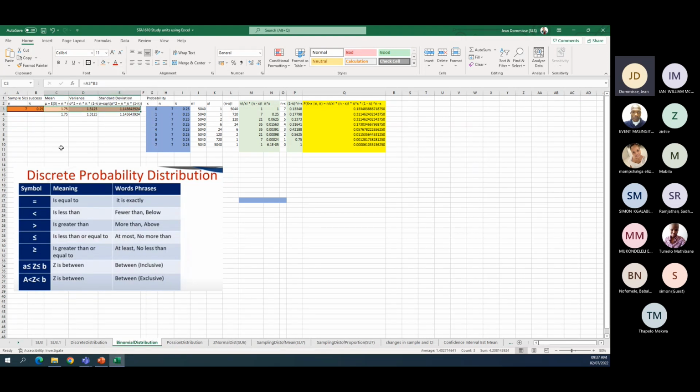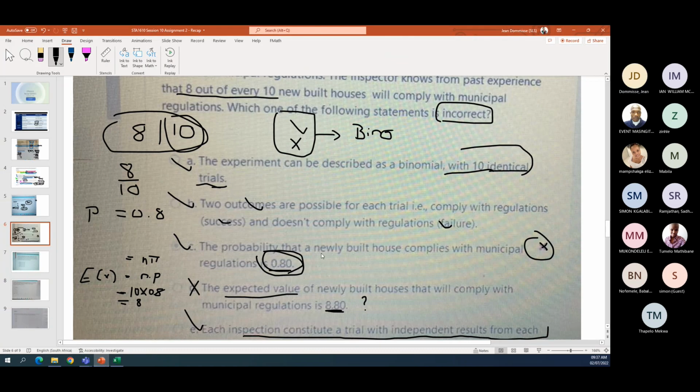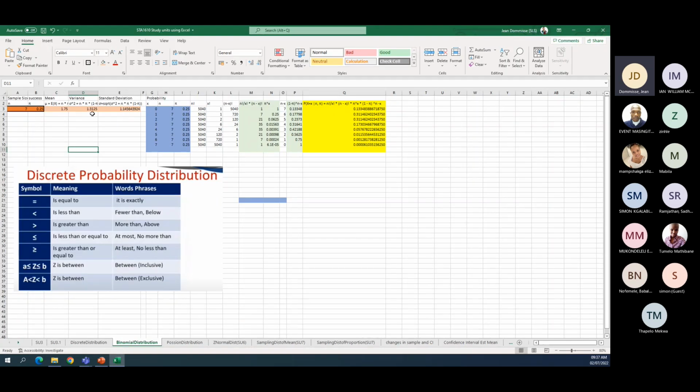So let's just put that in a lighter color. This was a test just to make sure that the top was right. Okay, so again, how you could have done it in this Excel, just some of the other answers obviously will not be available, but to do your expected value, and if there was a variance and a standard deviation, you could have used this for that.